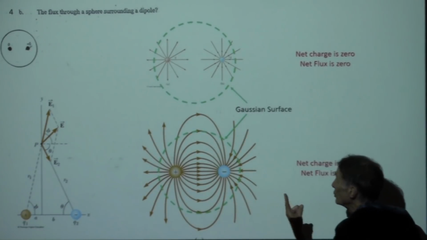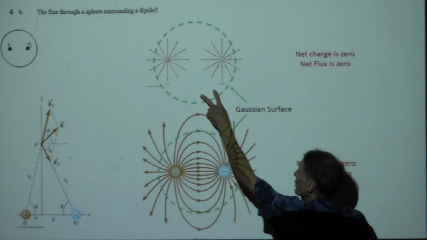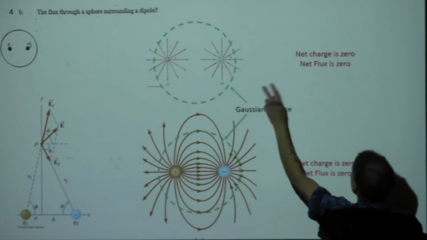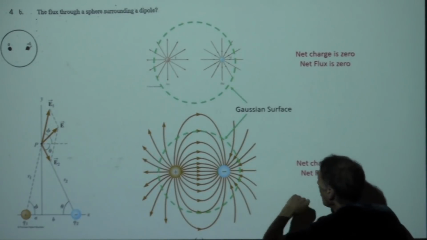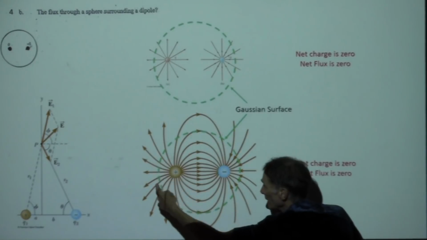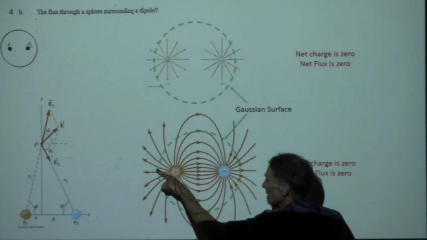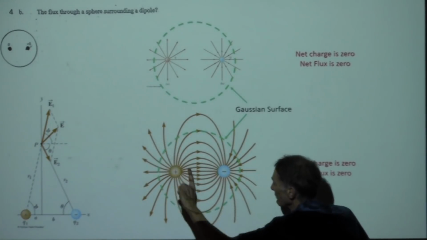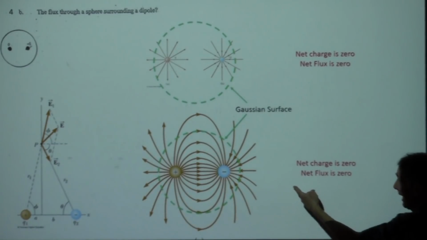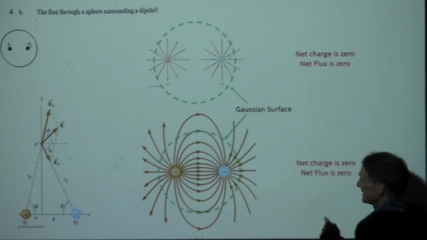The idea is that it should be the same whether I keep these charges separate and add up that the net charge is 0 and the net flux is 0, or whether I actually do this integral, which looks like it would be extremely nasty with different r's, different angles, different electric fields. But I can make one startling conclusion: hey, this has got to be the same as that.